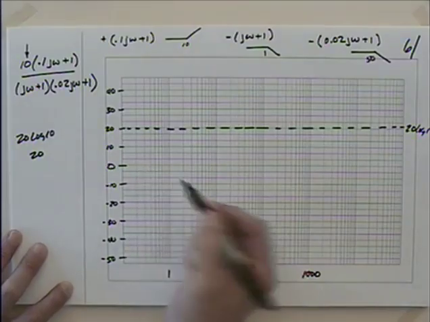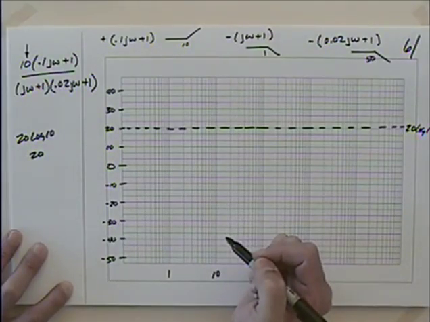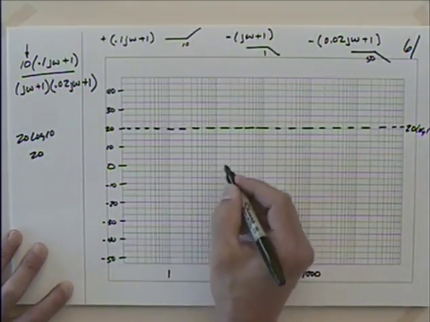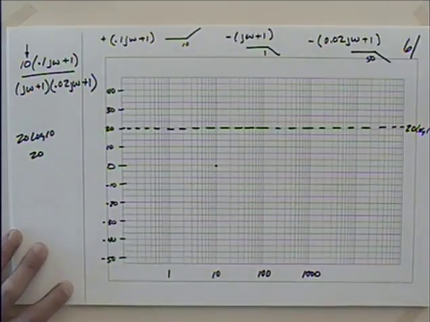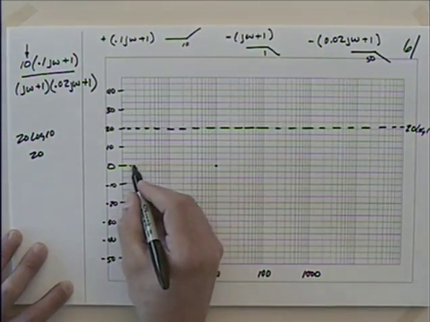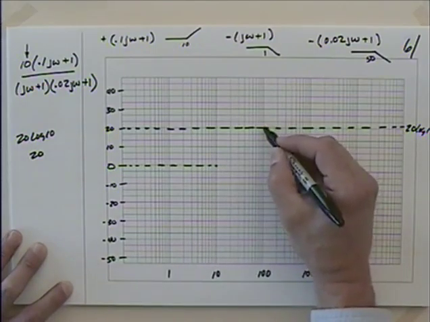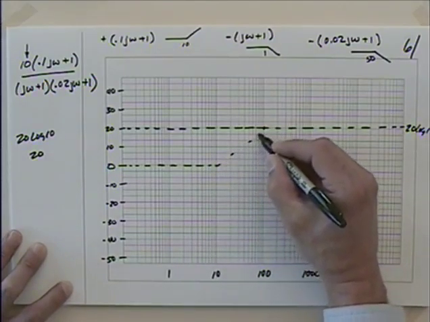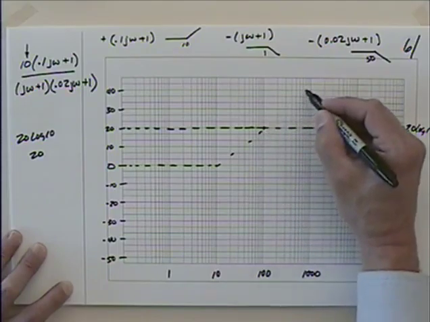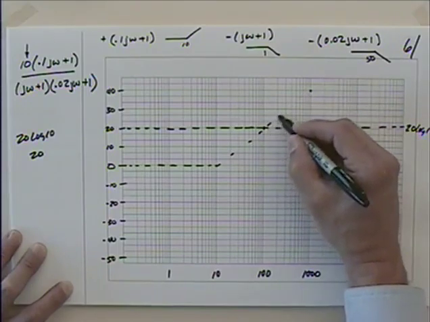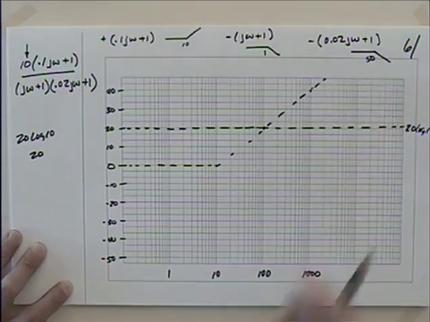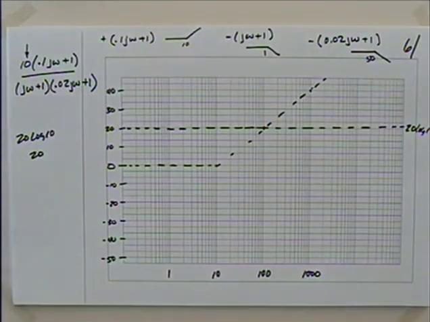So if I go over to 10, it's going to go to 10 and turn up, isn't it? Well, if they're first order, they're always going to rise at 20 decibels per decade, right?